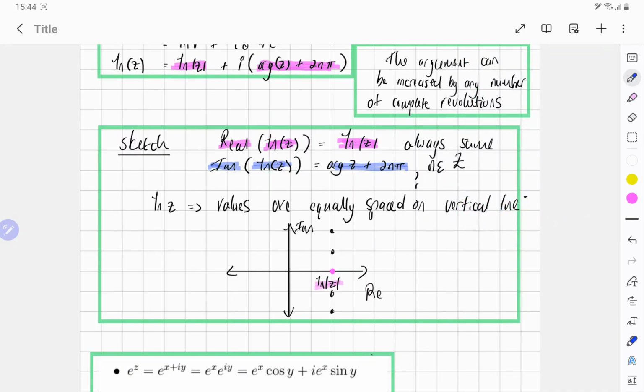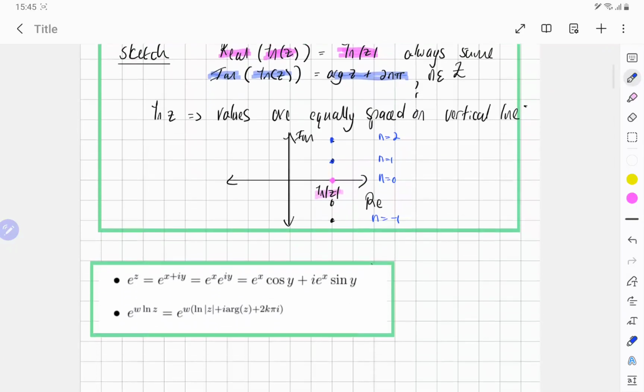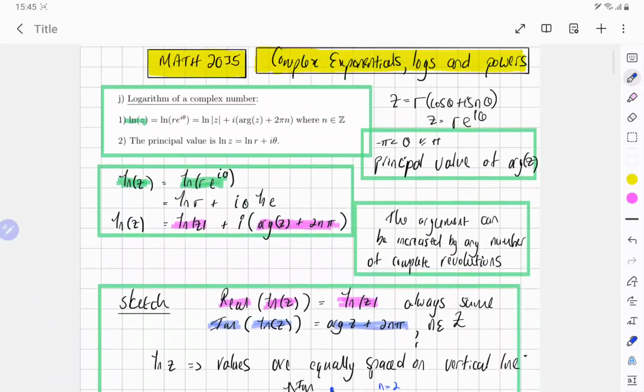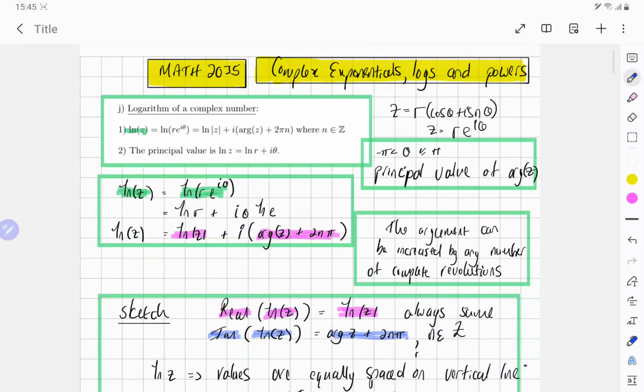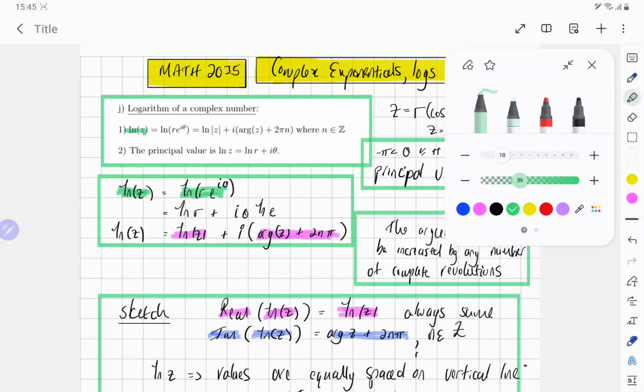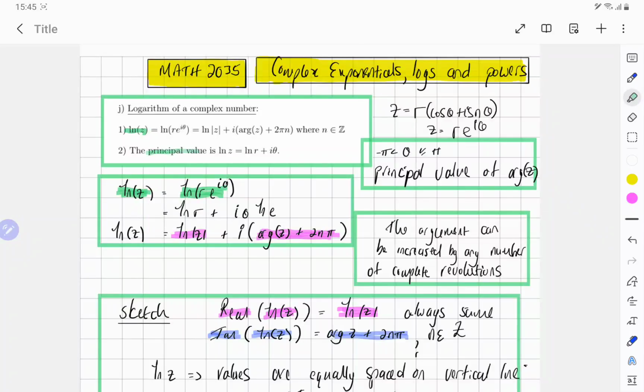But what will happen to our imaginary part as n is increasing? It will increase on the y-axis. So say this is n equals 0, n equals 1, n equals 2, n equals -1. But we'll do an example of that later. What is very important is that the principal value of ln z will just be ln r plus i theta.